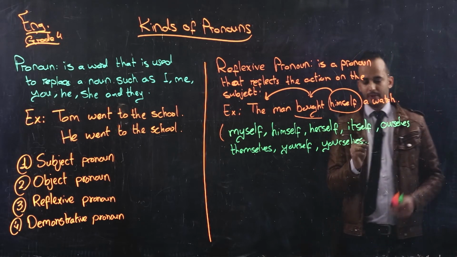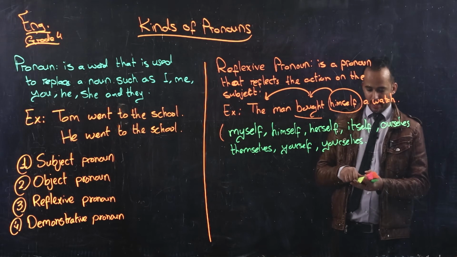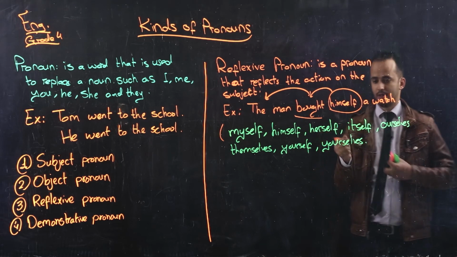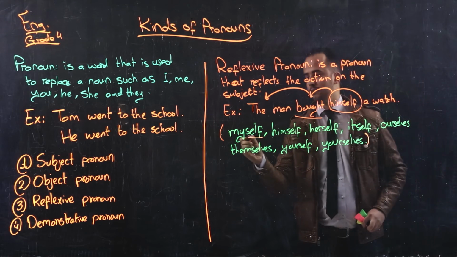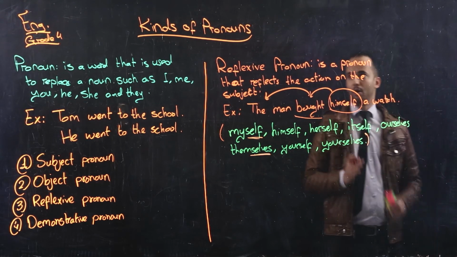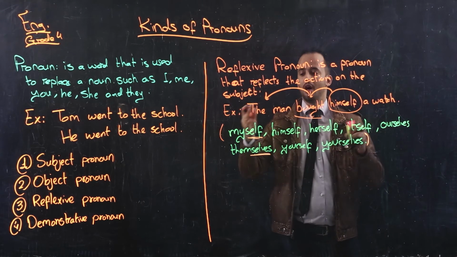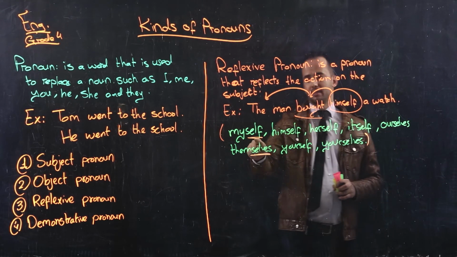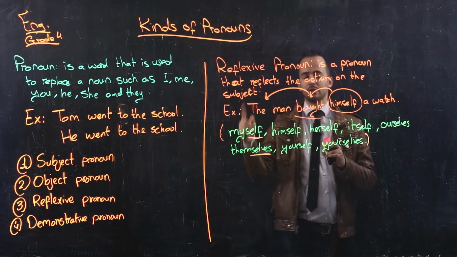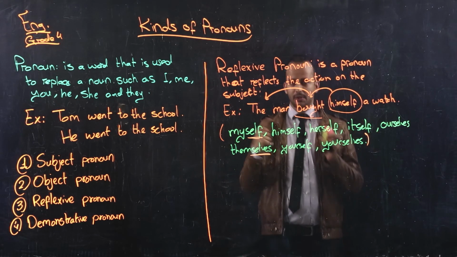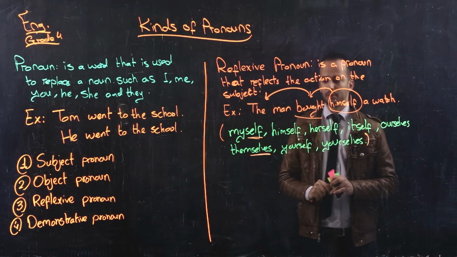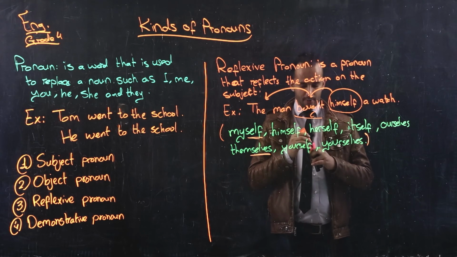Now you can see that all the reflexive pronouns in English have the part self or selves. Self is added to the singular pronouns, while selves is used with the plural pronouns.